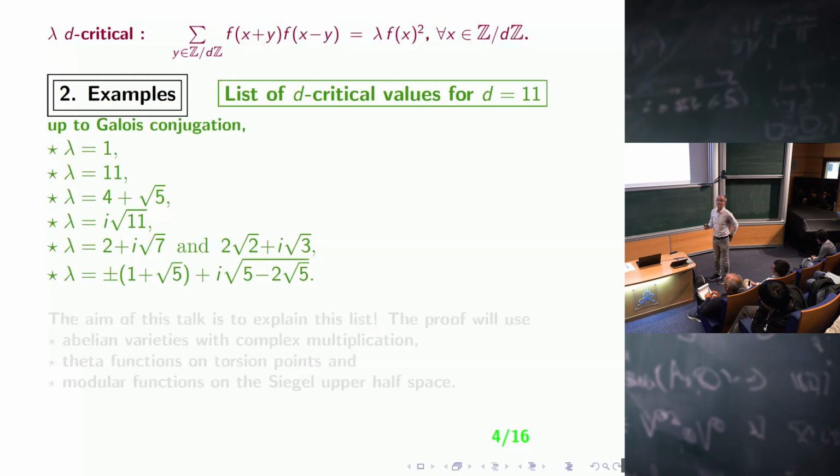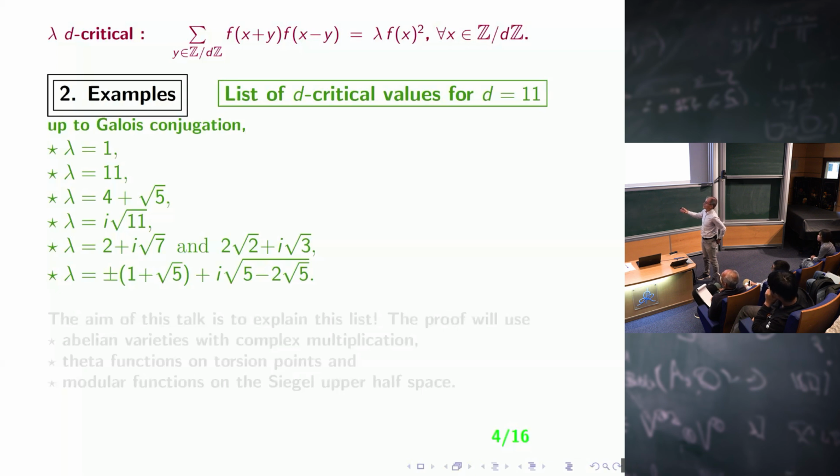I mean, at least, no, I mean this one is not. And so the first 2 are easy to get. The first 2 lambdas are easy. These ones are kind of trivial. This function is a Dirac mass at 0. This is the constant function.